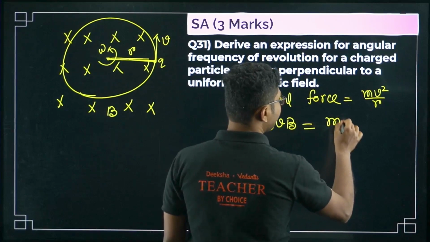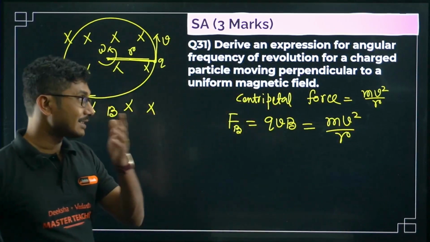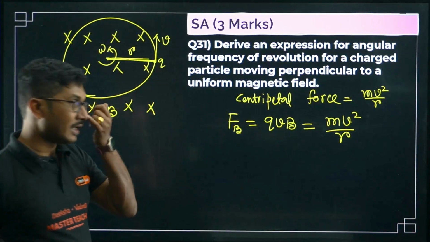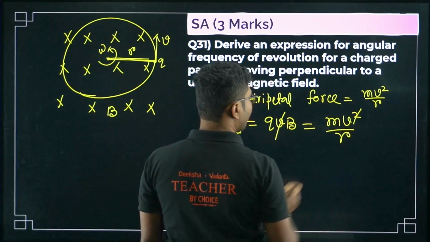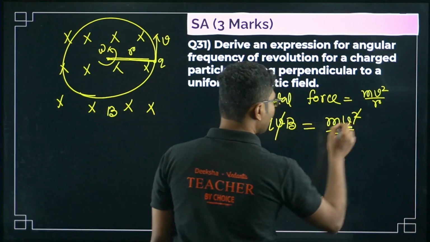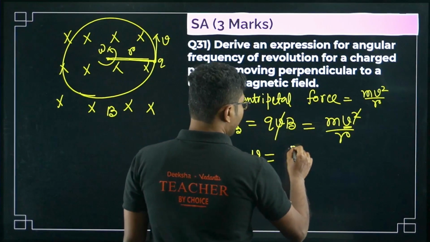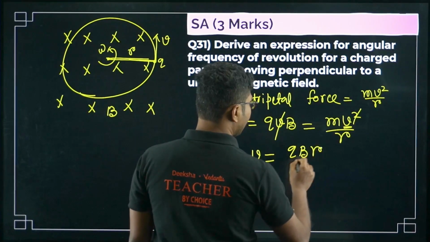As we said, this force has to be supplied by some external agency, and in this case the external agency is the magnetic field providing the required centripetal force. Now you can cancel one of the v's, and from here you can calculate the value of v. So v equals qBr divided by m.